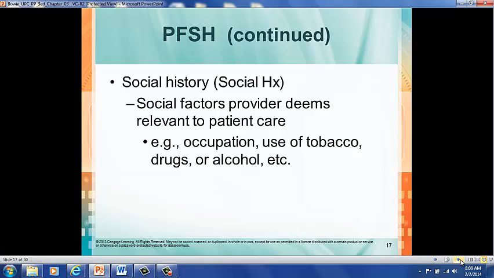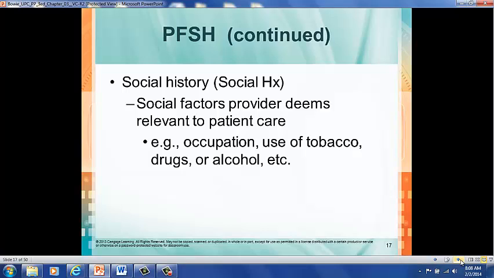A past, family, and social history can be pertinent or complete. A pertinent PFSH is a review of the history area that is related to the problem identified in the HPI. To justify a pertinent PFSH, there must be one specific item from any of the three history areas documented.